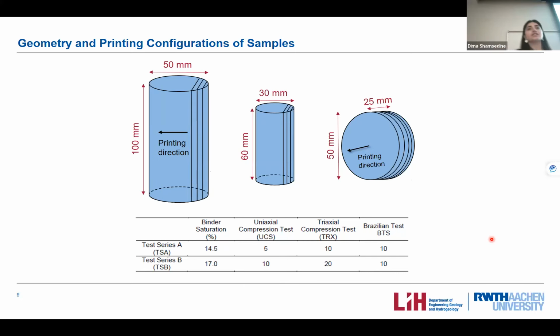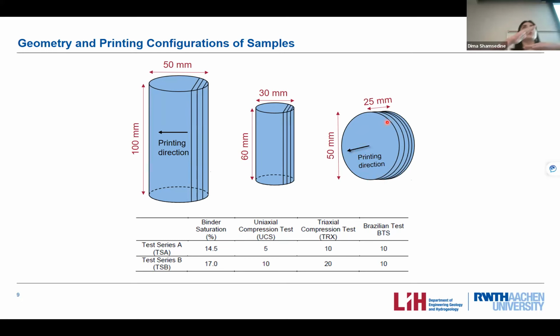So actually, we have tested several printing directions, several options. We have tested parallel to the loading and perpendicular to the loading. And in the case of the Brazilian test, we have also tested the case of the printing direction in this case.